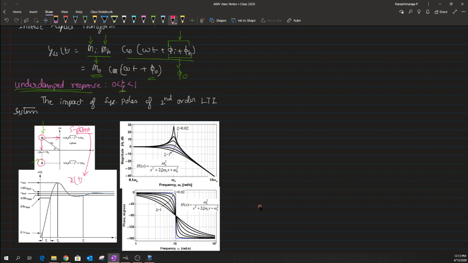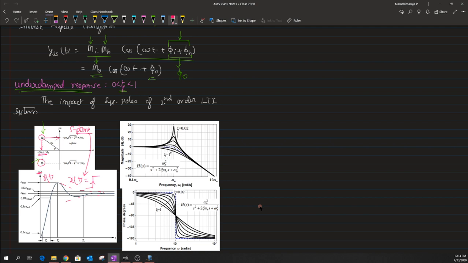If my input signal is a step input, then the output signal y of t will have this kind of behavior, where you would see some sort of peaking and then some oscillation, but this oscillation will generally die out because of the real component of the system pole. Because of this real component of our pole, this oscillation will die out quickly.